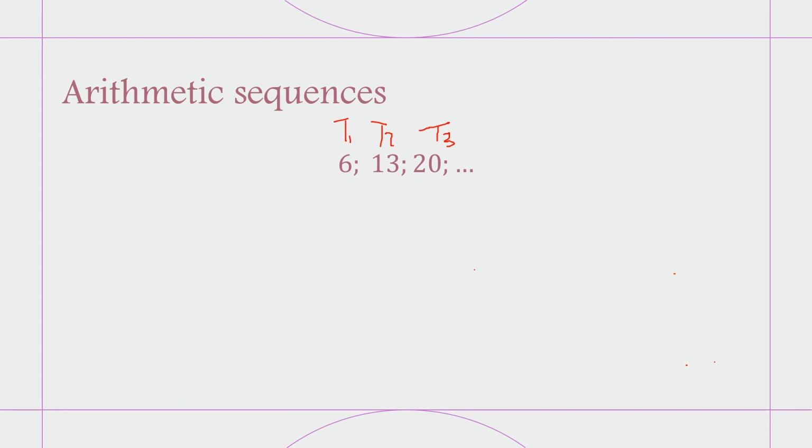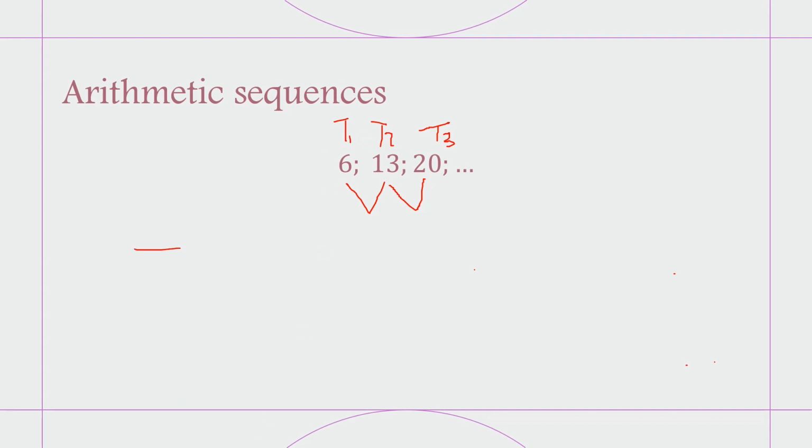Now let's see if the difference between these consecutive terms is constant. The difference between these two terms must be the same as the difference between these two terms. When you identify the difference between two consecutive terms, make sure you start with the term that is in front, and then you subtract the term that is at the back of it.